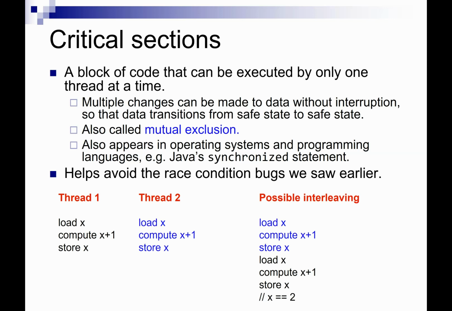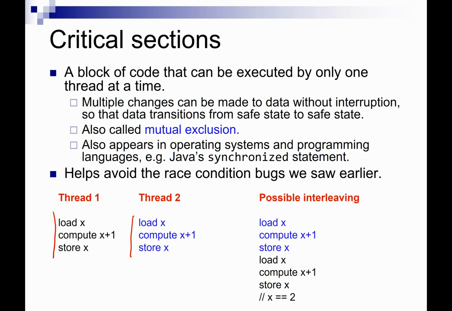If we put all of these operations into a critical section, then if one thread is doing these operations, it won't be interrupted by any other thread. The thread will do all three operations, or it won't do any of them. It's not like the thread can do two of these operations and then suddenly get interrupted by some other thread.